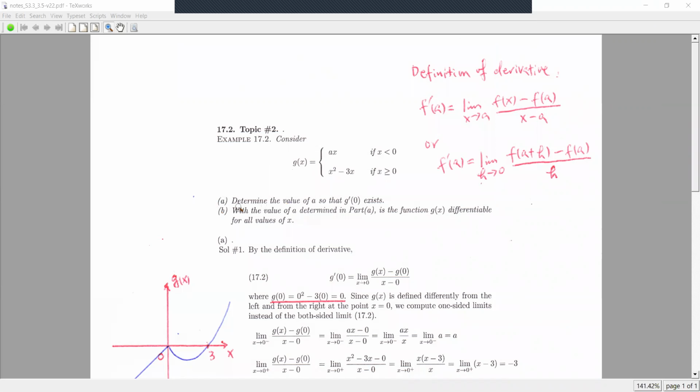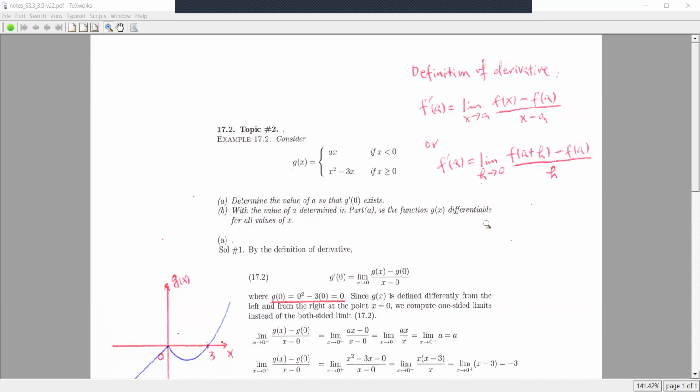Part A. Determine the value of a so that the derivative of the function at point 0 exists. Part B. With the value of a determined in part A, is the function differentiable at any value of x?